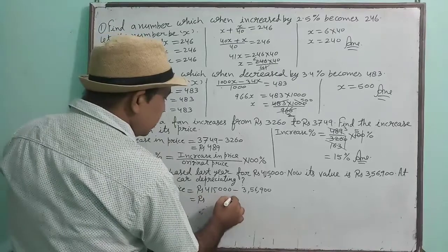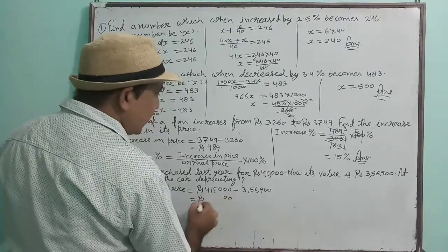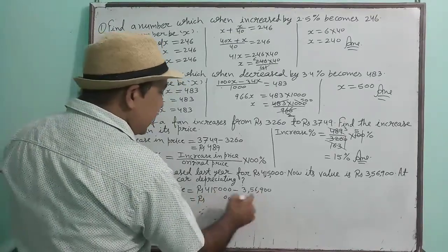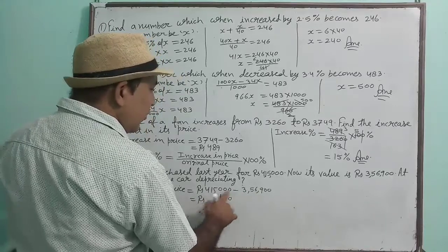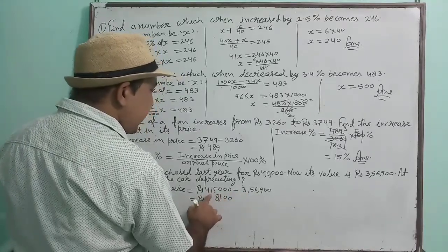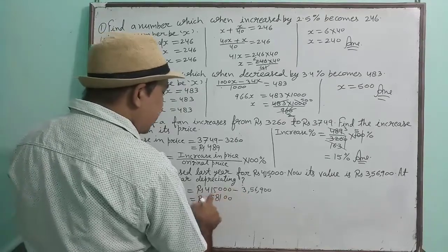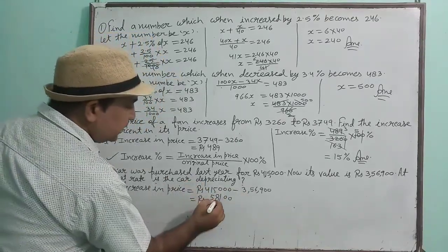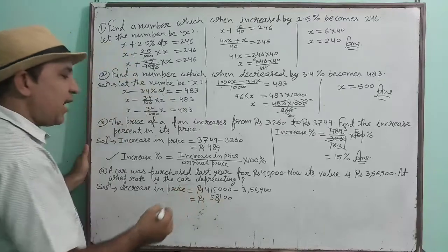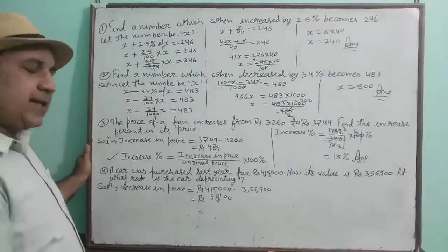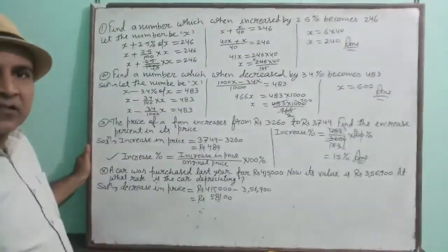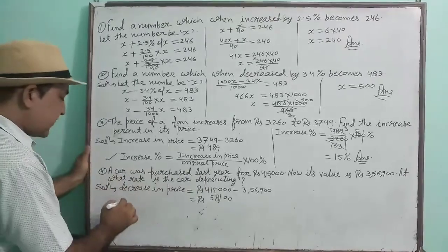Subtract it. 0 minus 0 is 0, 0 minus 0 is 0. 10 minus 9 is 1. 14 minus 6 is 8. 10 minus 5 is 5. 3 minus 3 is 0. That means 58,100 is the decrease in price. So what will be the rate percent of it?